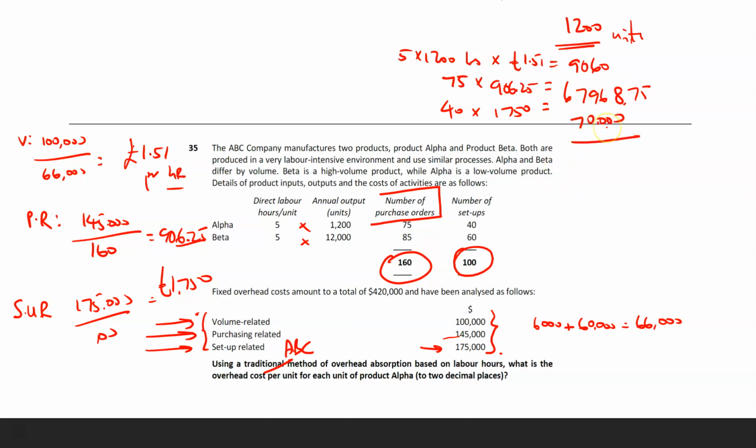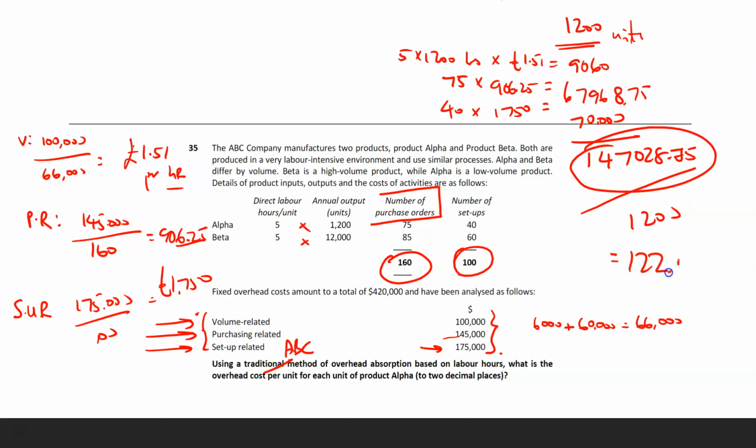So I'm going to add all these together: 70,000 plus 9,060 plus 67,968.75 is 147,028.75. That's the total cost, and to get the cost per unit, I divide by the 1,200 units, and you get £122.52. I suppose you could round it up to 53.